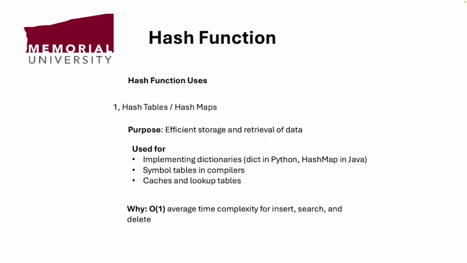We learned about linear structures and trees, and for the hash table, a perfect hash table gives Big O of 1 time complexity to retrieve data. Insert, search, and delete are all Big O of 1. Leveraging the hash function, we create a hash table and get this feature. That's why it's used a lot.